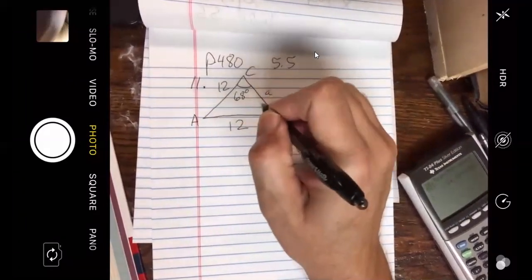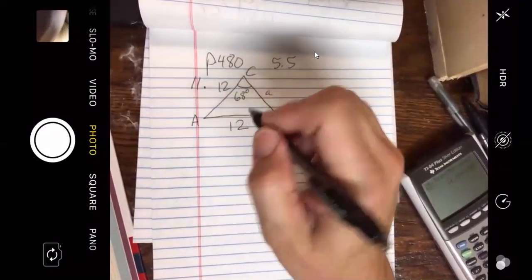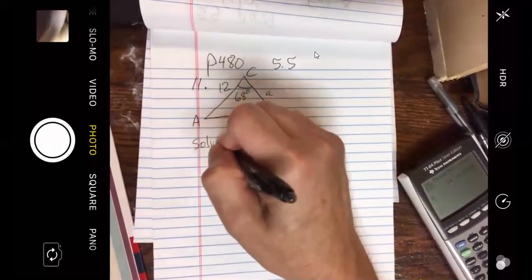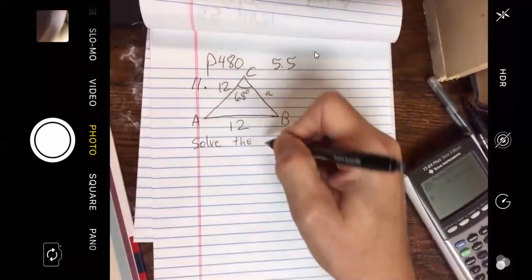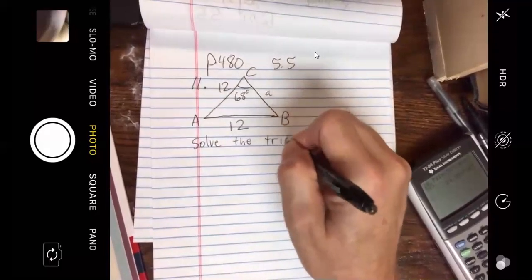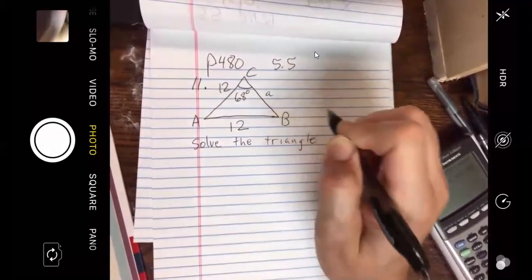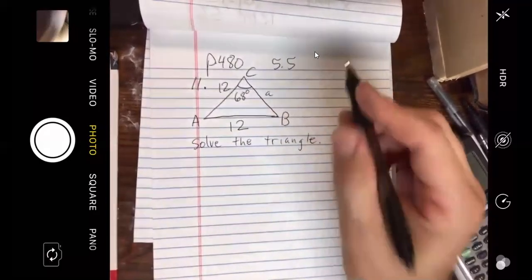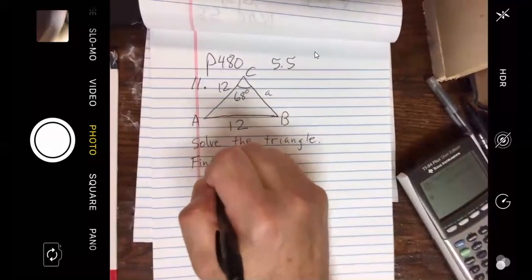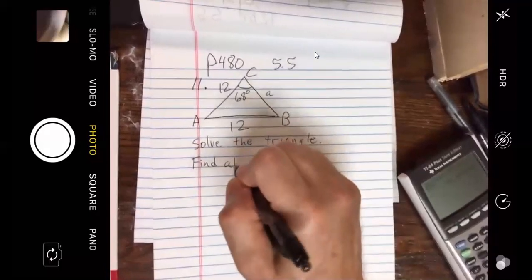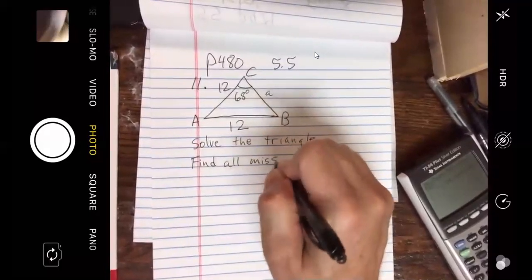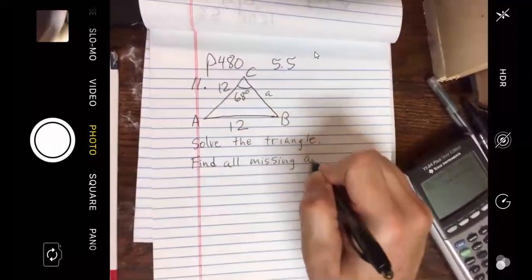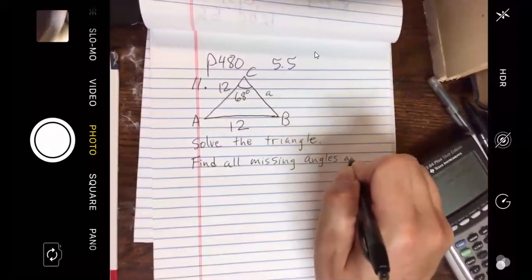So what they want is, solve the triangle. So this means find, in this case, all missing angles and sides.